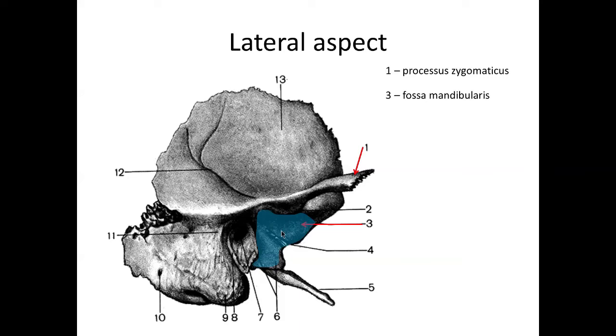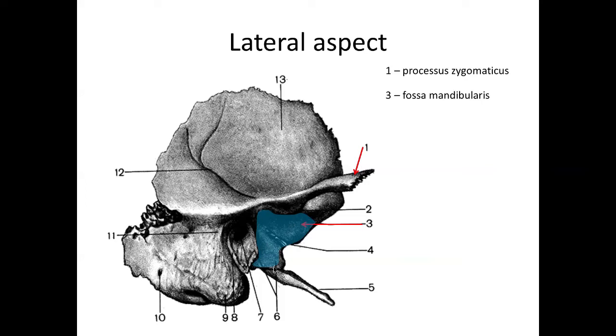Let's remember that temporal bone consists of three parts: pars squamosa, pars tympanica, and pars petrosa, which isn't seen from lateral aspect because it is situated on medial side of the bone.